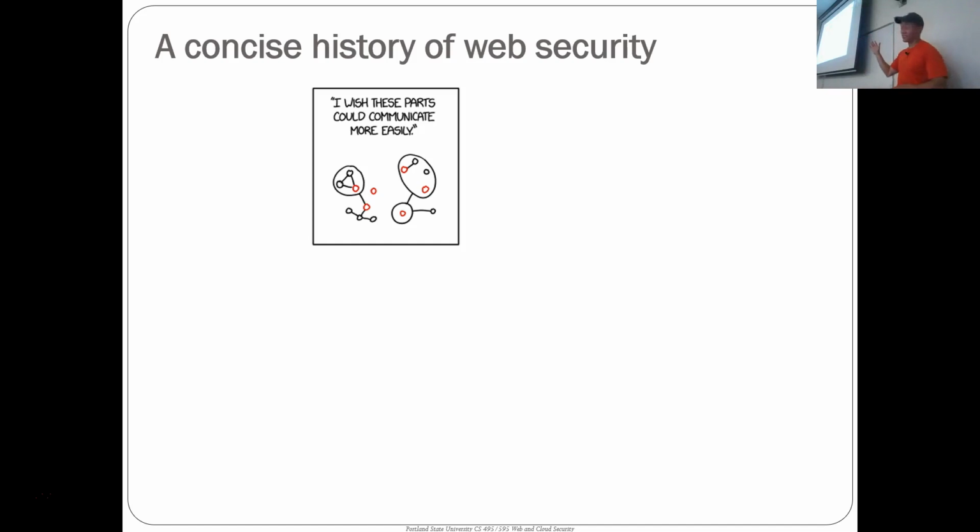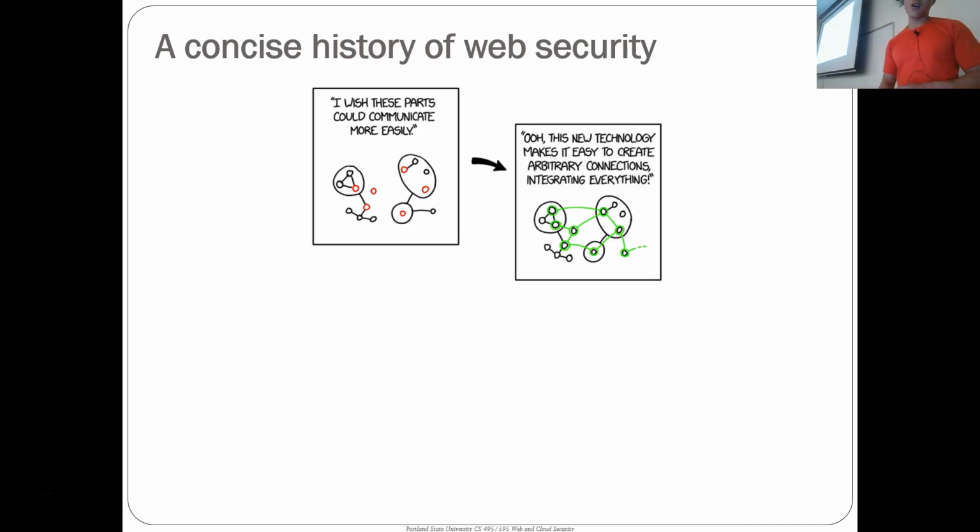So this is an XKCD cartoon. And so you end up with this problem. I wish these parts would communicate more easily. I wish there wasn't this certificate error. I wish I could just be able to get my content. And then they're like, oh, here's some new technology, makes everything easy, creates arbitrary connections, like turning off security. That makes things really easy.